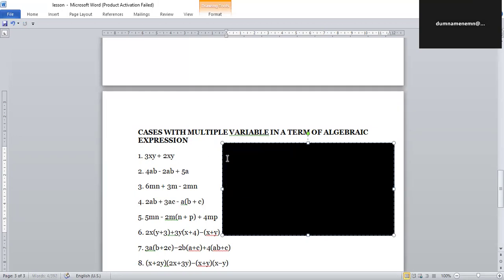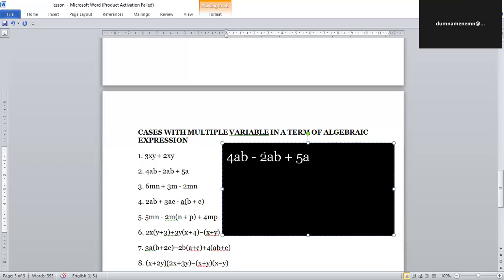All right, let's try question 2. We're going to apply the same knowledge in solving this question. All right, you can see we are actually having 3 terms here. The first one has the variable ab, the second one ab, the third one a. For you to be able to add and subtract, the variable must be exactly the same. So ab is here, ab is here.